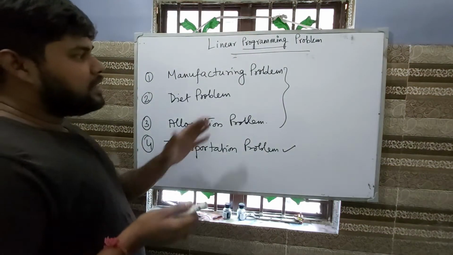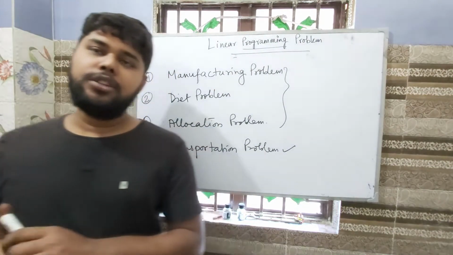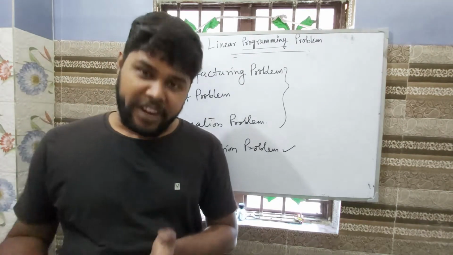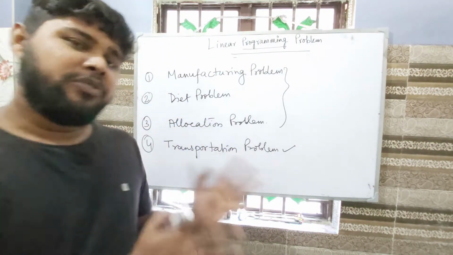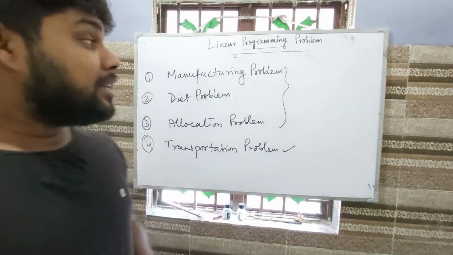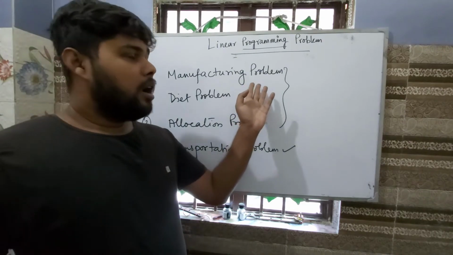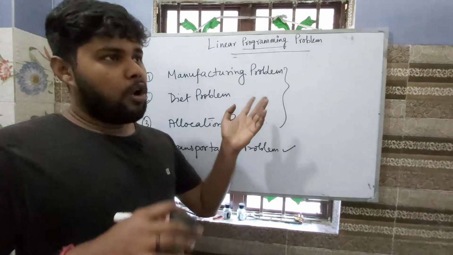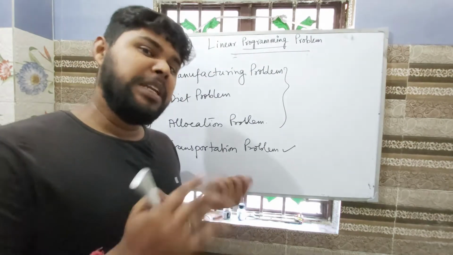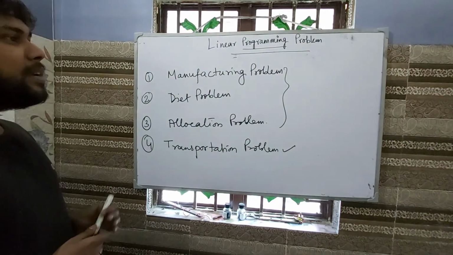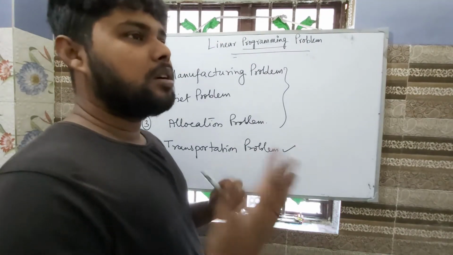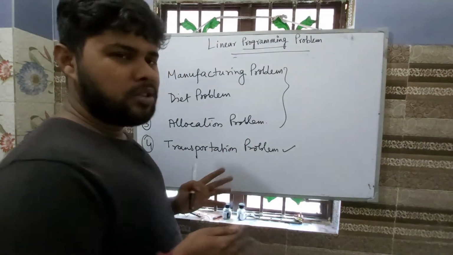Say if in the manufacturing problem you are trying to maximize the profit of the manufactured product, then it becomes a maximization problem. But if you are trying to optimize the cost of the raw materials, then it becomes a minimization problem. So always what matters is, are we talking about the cost or are we talking about the profit?